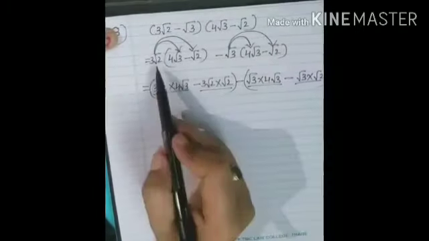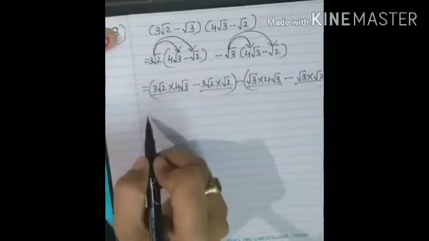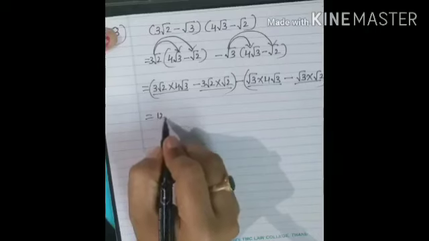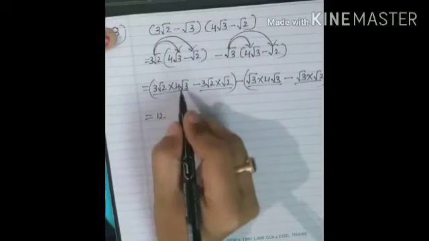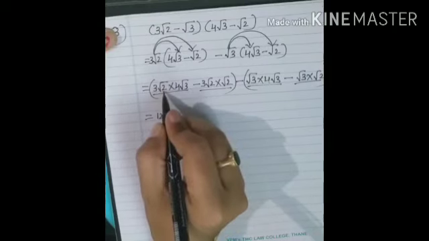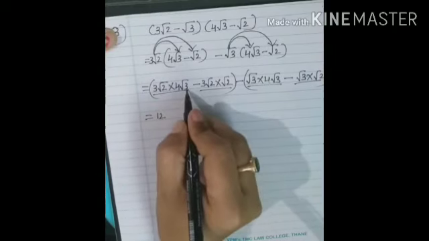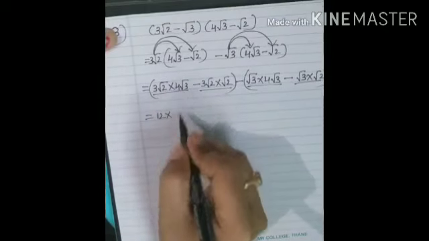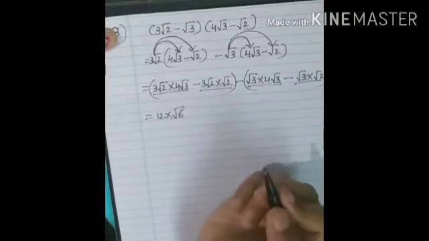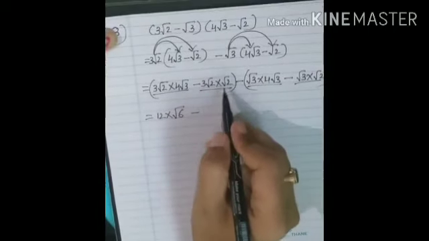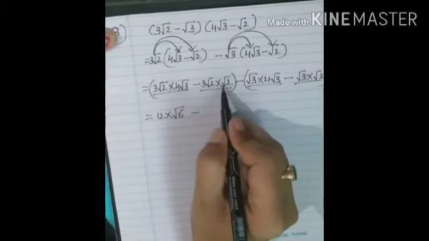Okay children, multiply now. 3 4s are 12. Coefficient multiply by coefficient. Okay children, now under root what is there? 2 and here under root what is there? 3. So multiply. Now what you get children? 3 2s are 6. Okay. Minus. Here coefficient 3 is there but here nothing is there. So whenever nothing is there children, it always occupies 1.